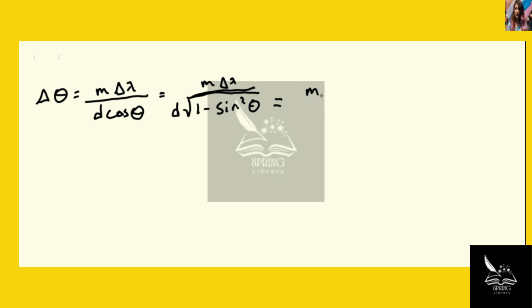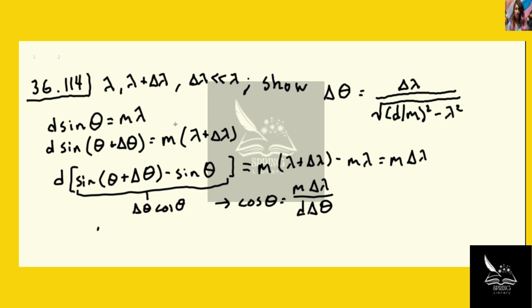We still have m delta lambda living up here in the numerator. But we know that the sine of theta is m lambda over d.